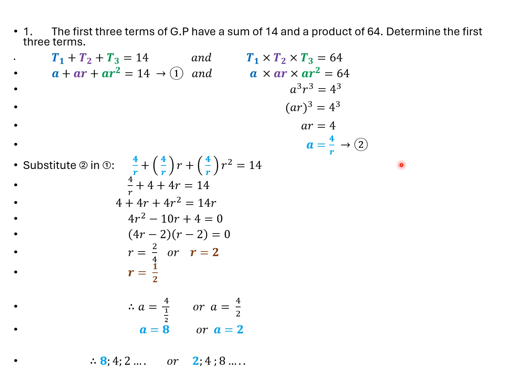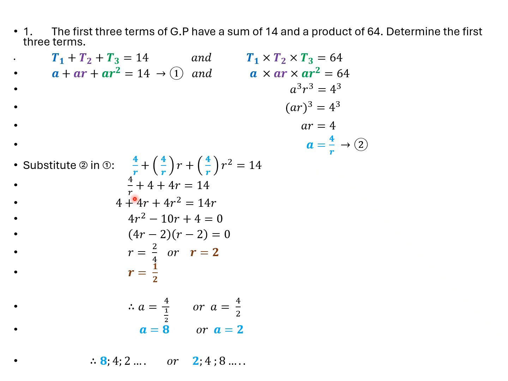Now wherever I see a, I'm going to replace it with 4 over r. So a plus ar plus ar squared becomes 4 over r plus 4 plus 4r equals 14.